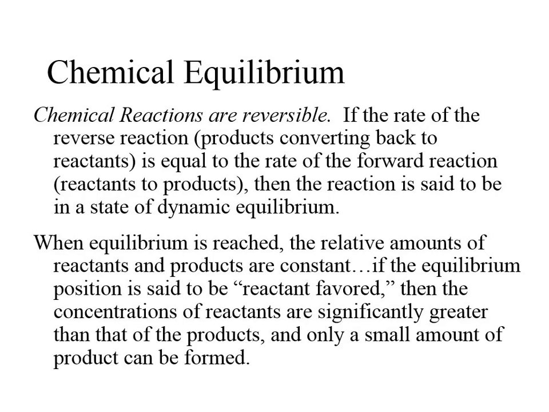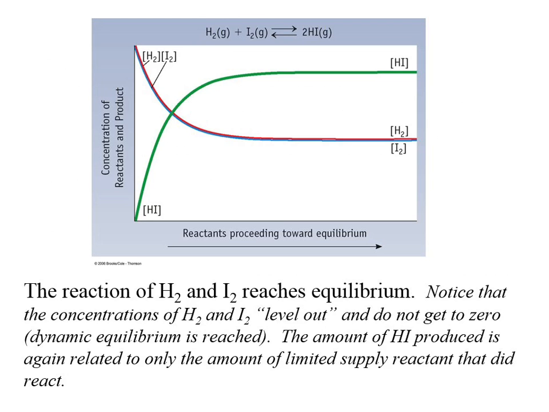An example of a chemical equilibrium is where we have molecular H2 and I2. These are our reactants going to form the product here. If we think of the x-axis as being time, if we start out with only the reactants and no product, over time our product will increase and our reactants will decrease.